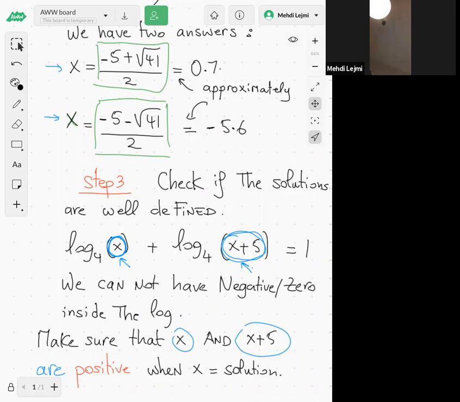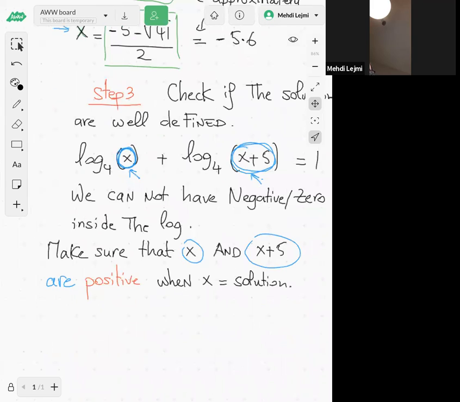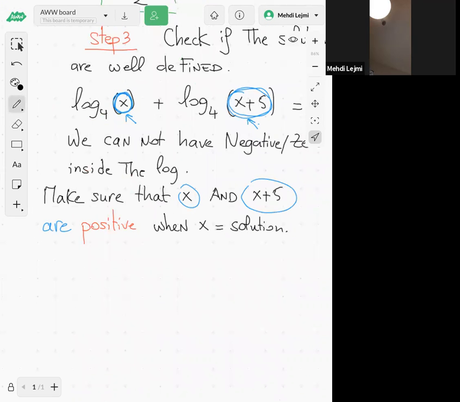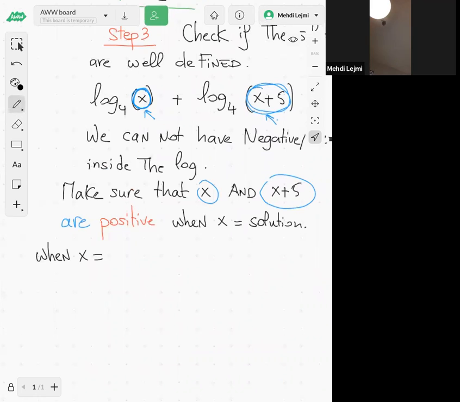So let's say when x is equal to my first solution, -5 plus the square root of 41 over 2, which is again approximately 0.7.